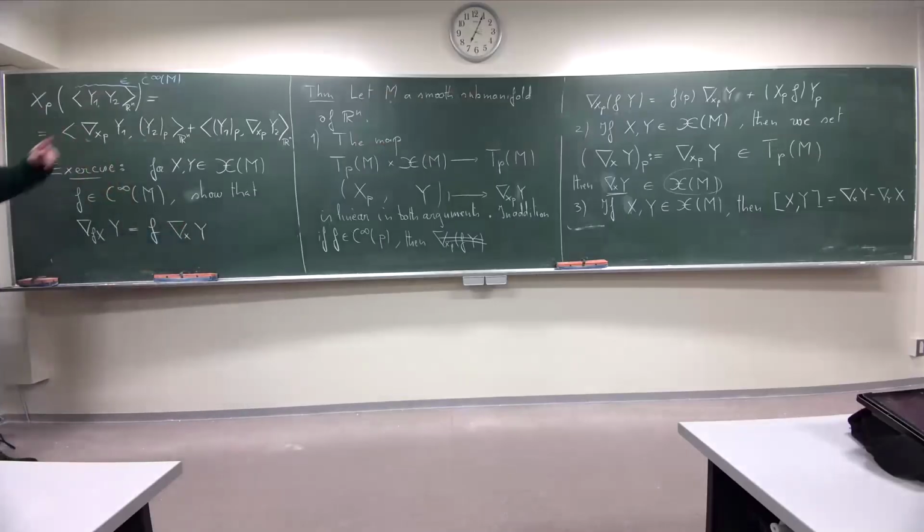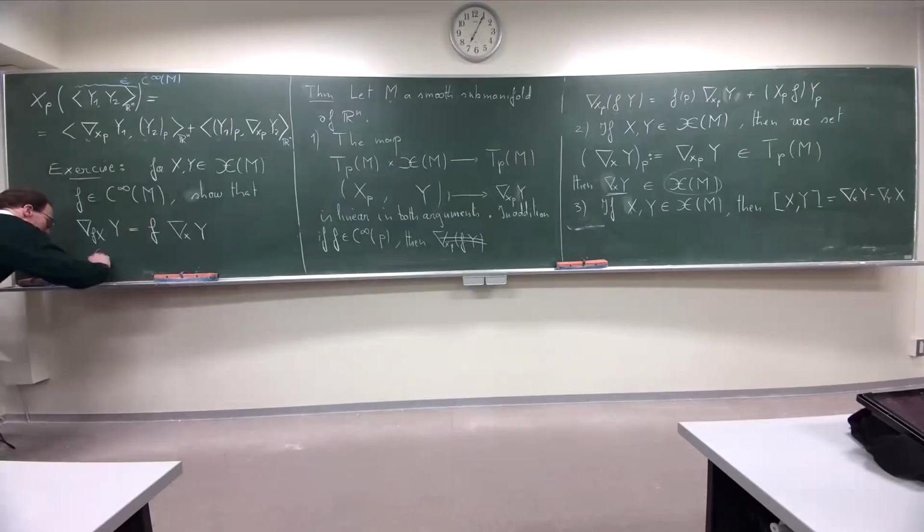I'm using the notation of the second one. When we rescale the vector field, it's just linear as a C infinity linear in this entry, but be careful, it's not linear as R linear, but it means we can factor this function.